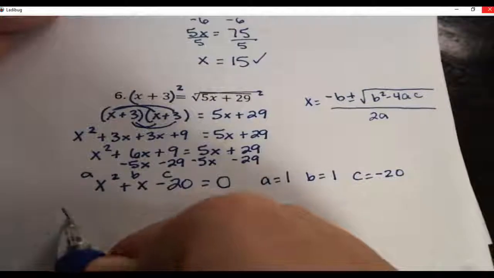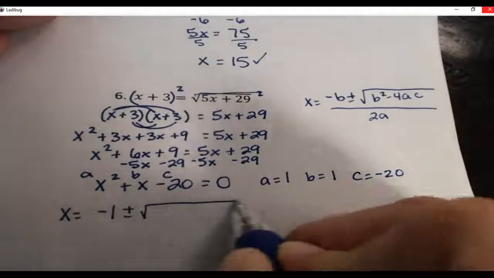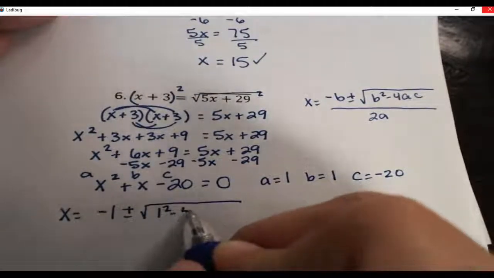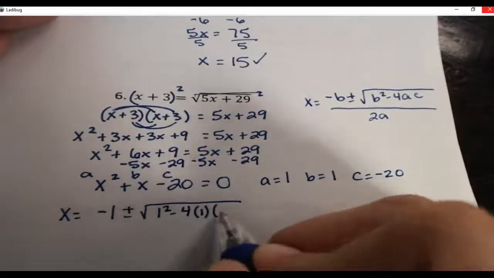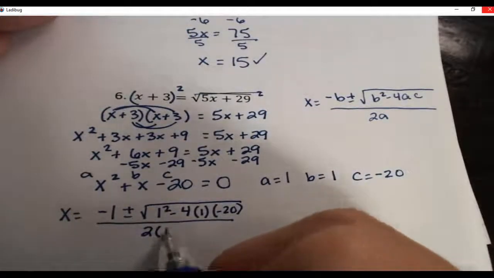So then we plug it in. So x equals negative 1 plus or minus the square root of 1 squared minus 4 times 1 times negative 20, all over 2 times 1.